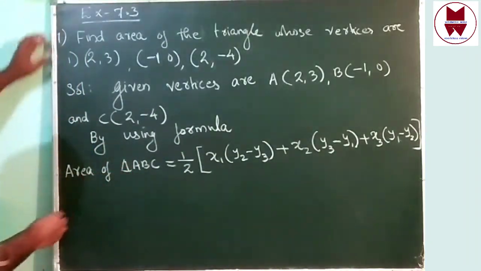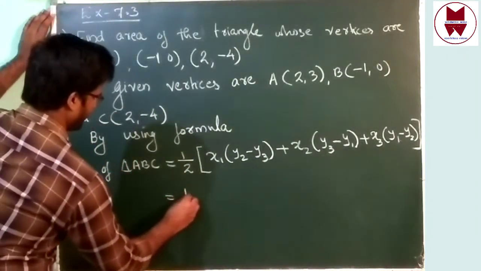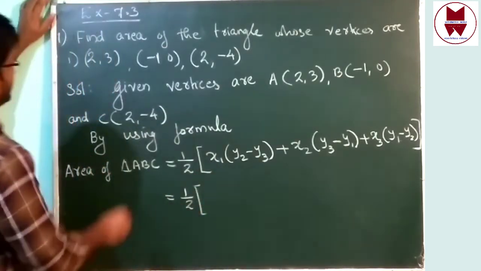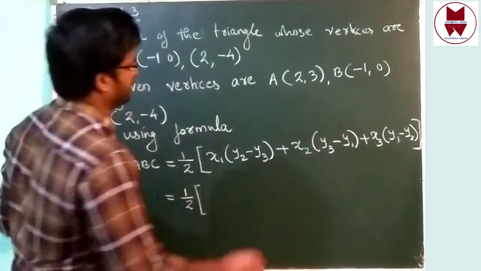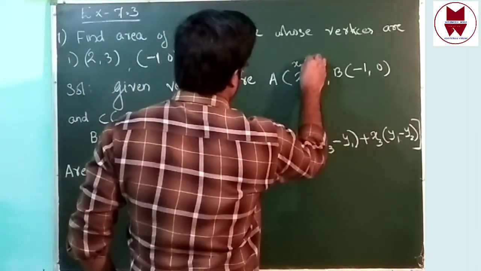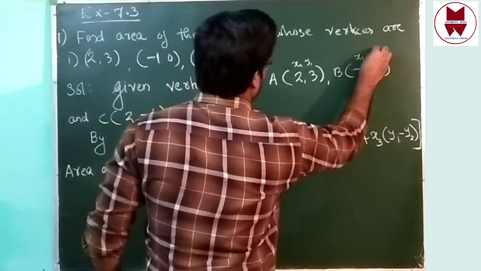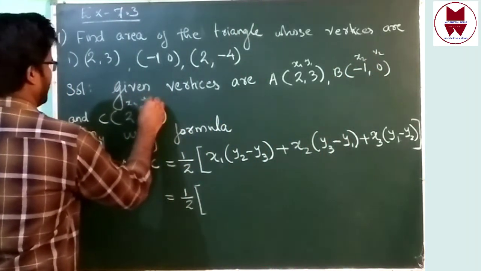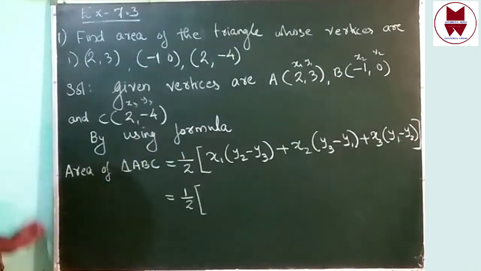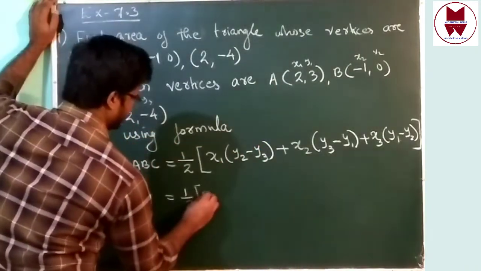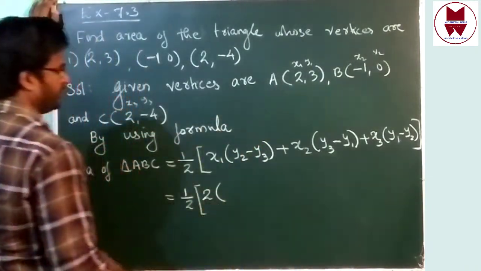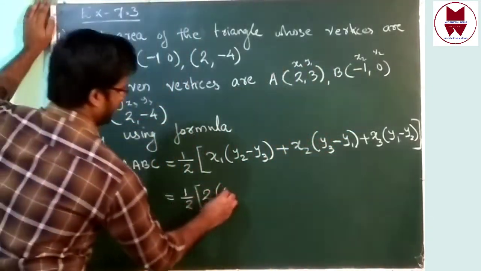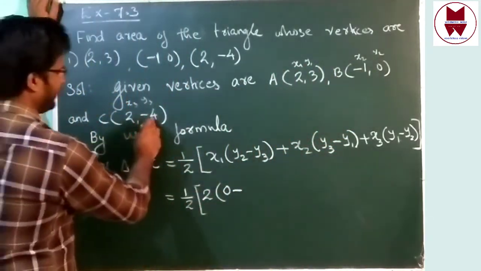Then here we can put in all the values. 1 by 2 into x1. The vertices are already given here: this is x1, y1, this is x2, y2, this is x3, y3. Then x1 is 2, so 2 into (y2 minus y3). y2 is 0 minus y3 which is minus 4.